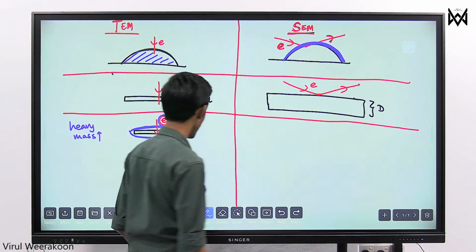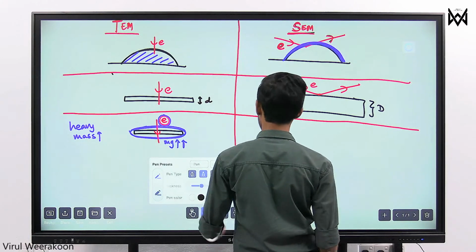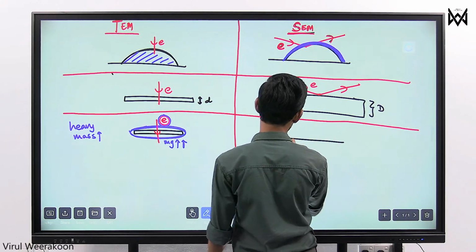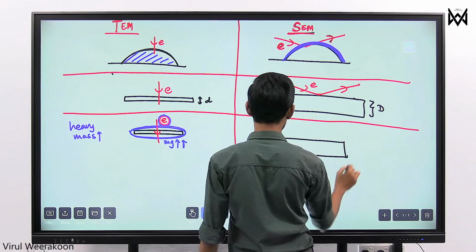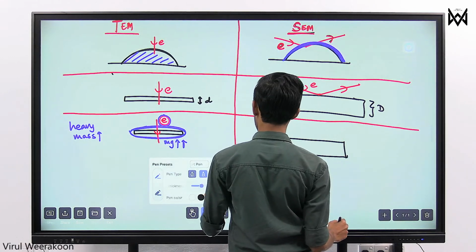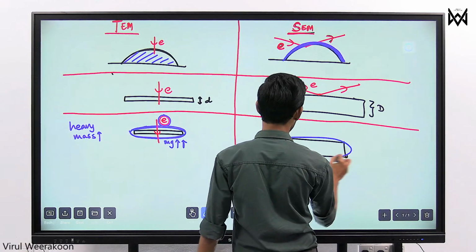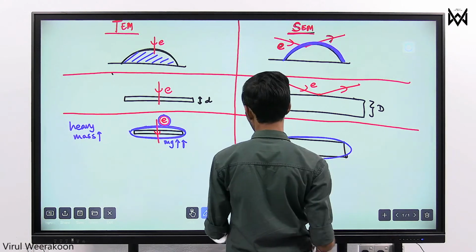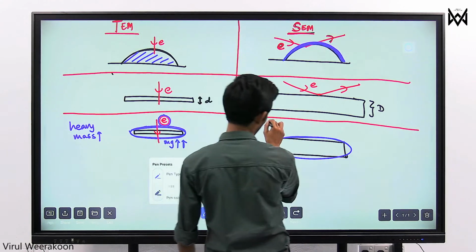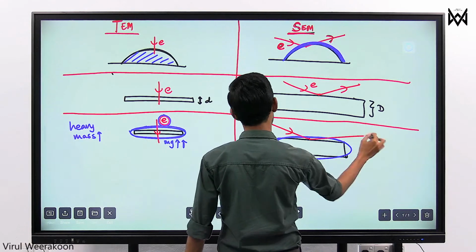But in the scanning electron microscope, what happens? It is coated with gold, actually. Then electrons come and they get reflected.